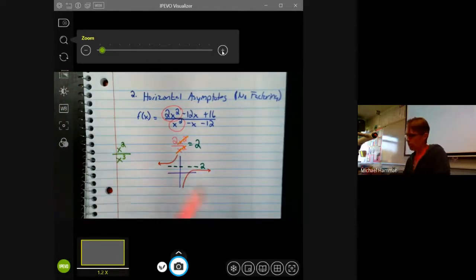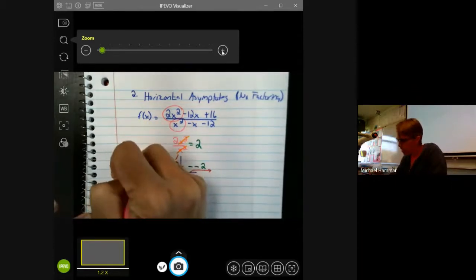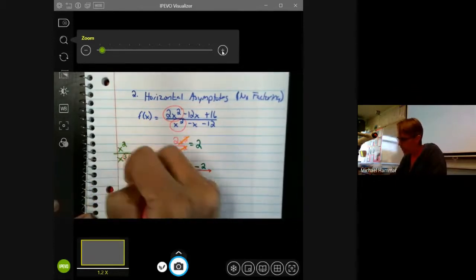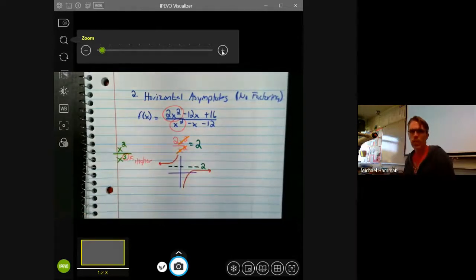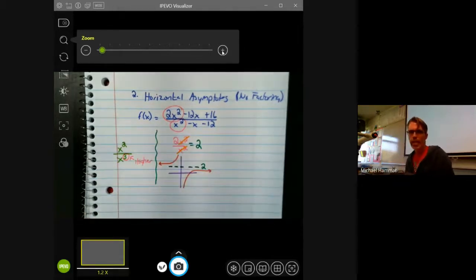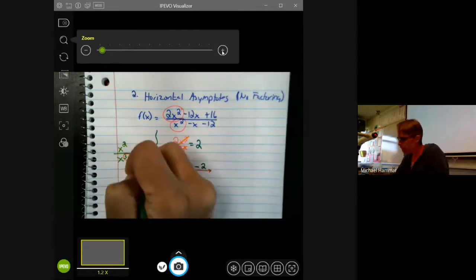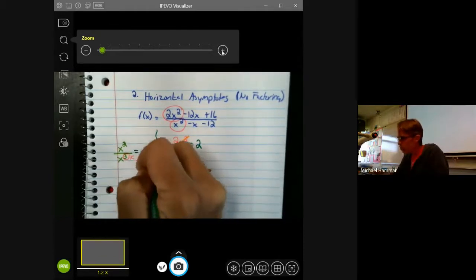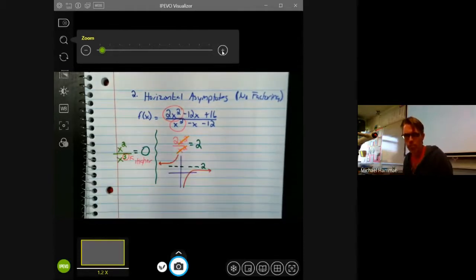Notice in this one, the degree on the bottom is higher. Where is the horizontal asymptote going to be? In this situation, if the degree on the bottom is higher, it will always go to 0.